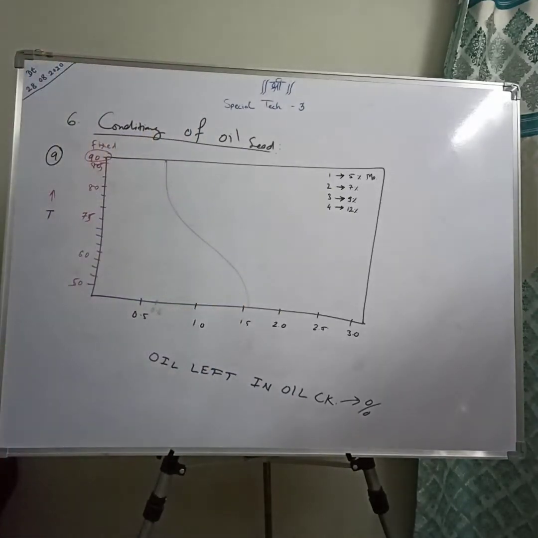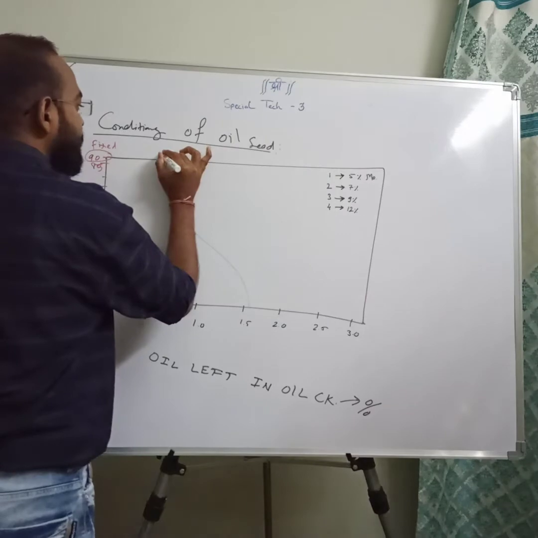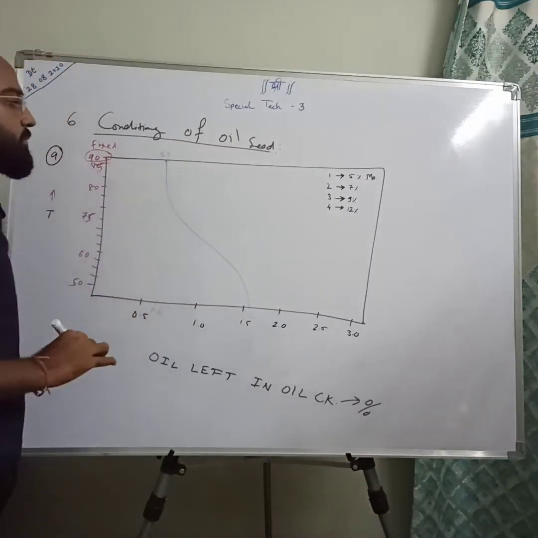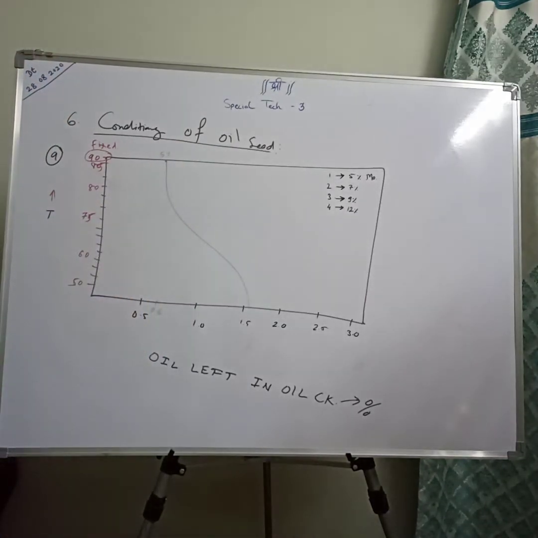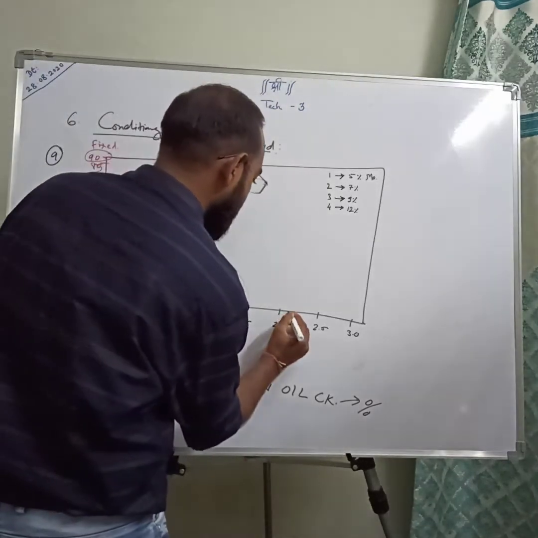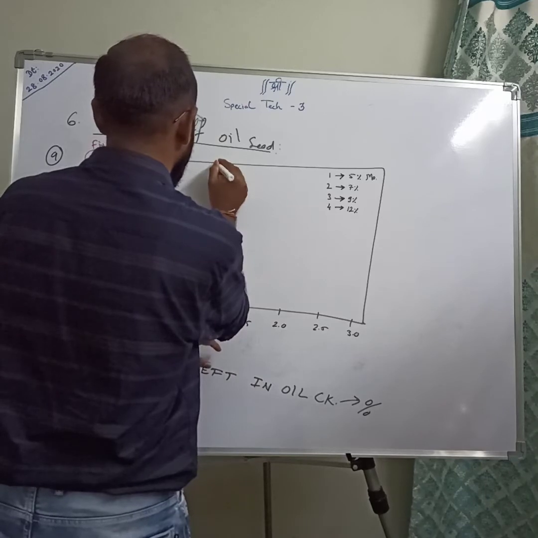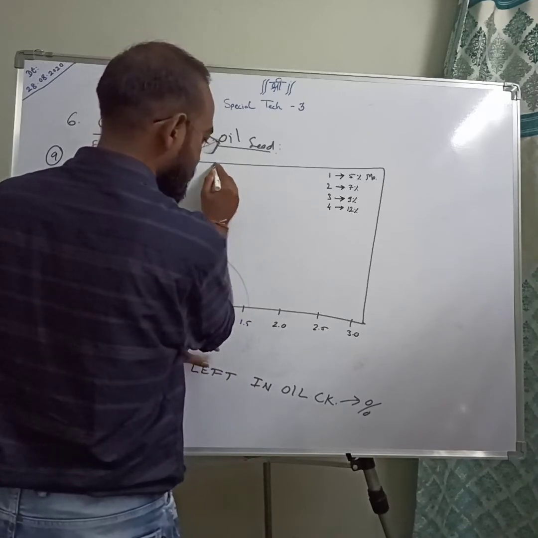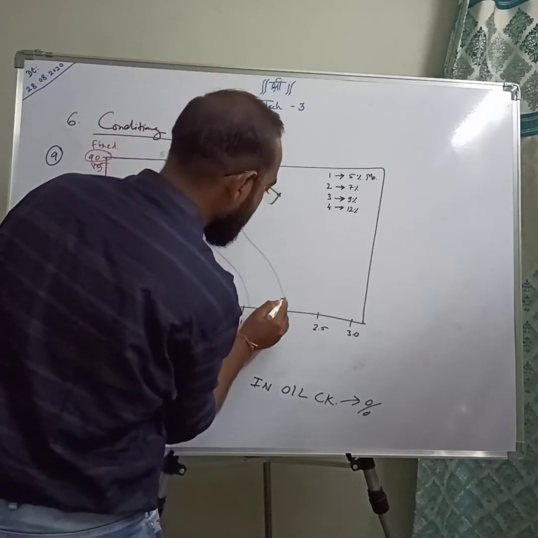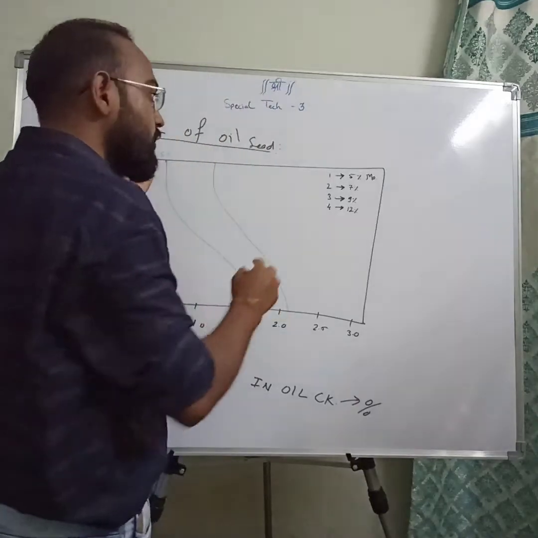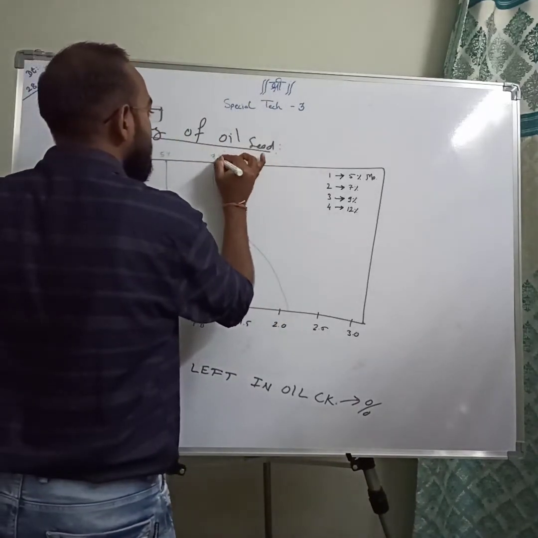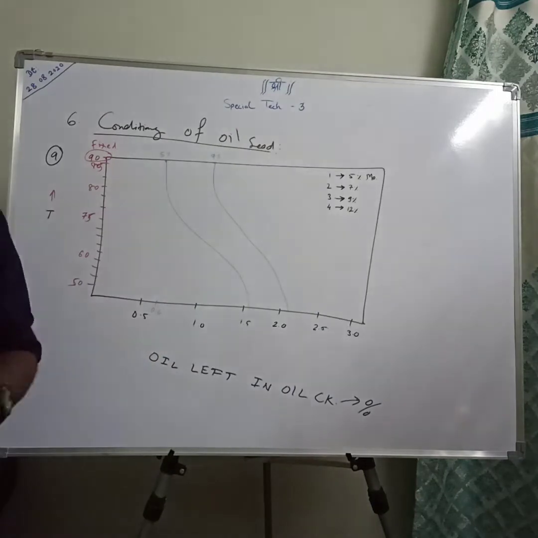This is the first curve with 5% moisture. Now the second is just beside 2% and it will end around 1 and 1.5. This is the second curve with 7% moisture content in the seeds.